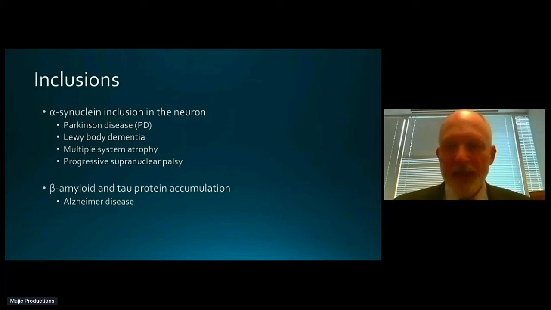There's an interesting thought about why these inclusions happen, and it may have something to do with the brain's way of vacuuming out the unneeded proteins from the cerebral spinal fluid into the circulation to get digested, and there may be a problem there, but I'm not going to say more about that right now.